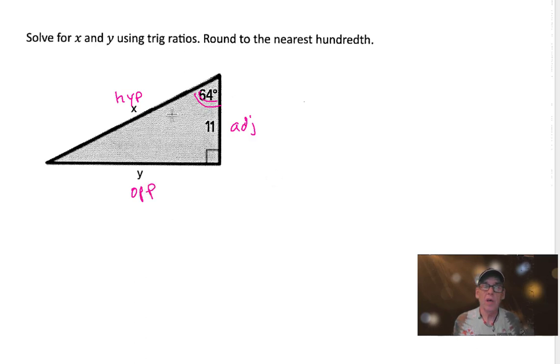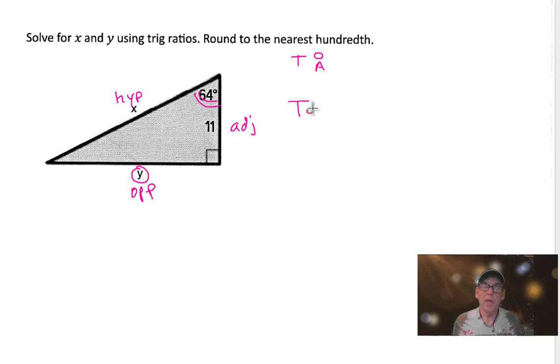Opposite the right angle is the hypotenuse, and the side that makes the angle up is the adjacent side. So if we want to find out what y is, we're dealing with 64, an 11, and a y. The 11 is an adjacent, the y is an opposite. Adjacent and opposite goes with tangent.